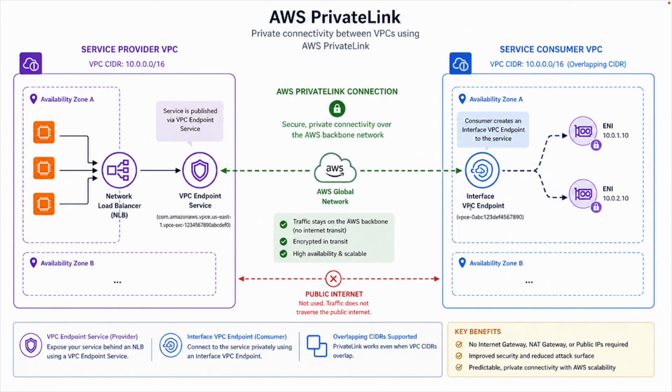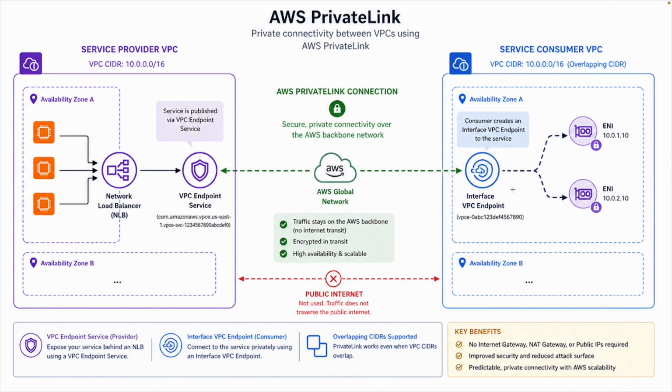And then we have the interface endpoint. Creating the interface endpoint automatically deploys one or more elastic network interfaces, or ENIs, inside the consumer VPC. These ENIs receive private IP addresses directly from the consumer VPC's subnet. Now, to the application running in the consumer VPC, it appears as though the service exists locally inside its own network.